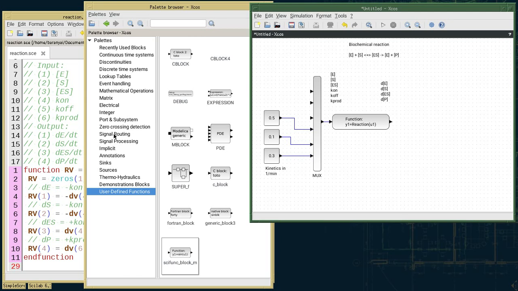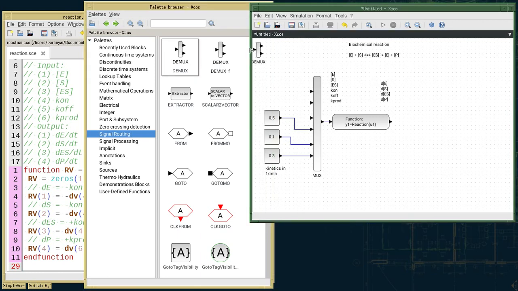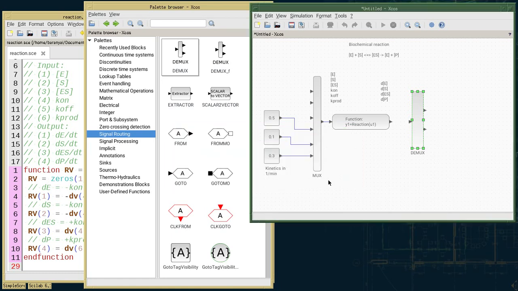So again, with the signal routing, I will use the demultiplexer. Double click on it and bring it to the place, make it a bit bigger like I did with the other, double click, and now it will have 4 outputs.